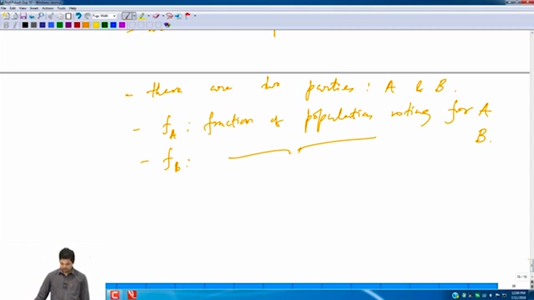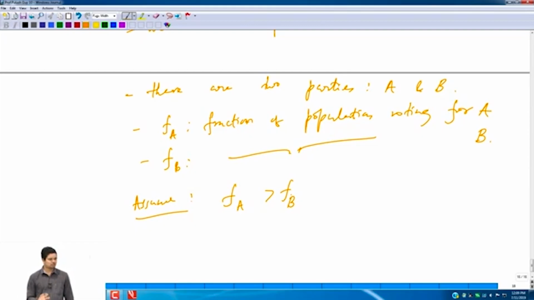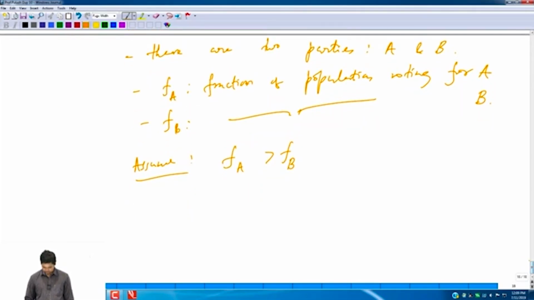Say we assume FA is greater than FB. One has to be more than the other; the sum is 1, FA plus FB is 1. So let's assume they are not equal, there is some gap, FA is greater than FB. Maybe we can have a rough estimate on how many samples we need to draw. So what is our algorithm?